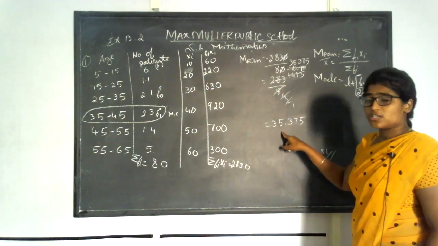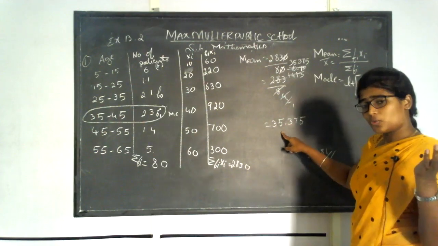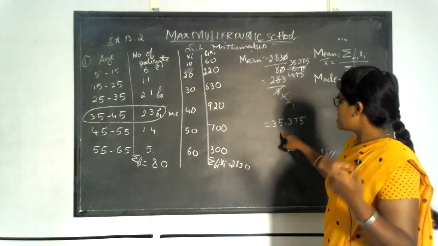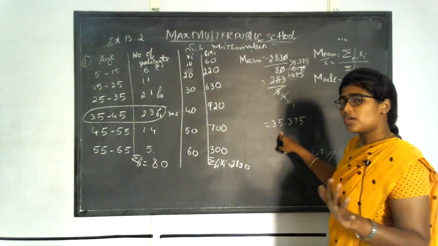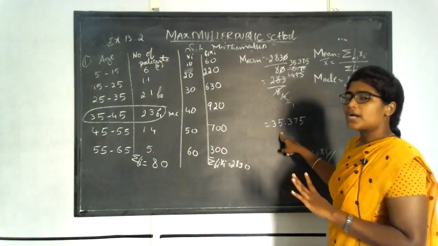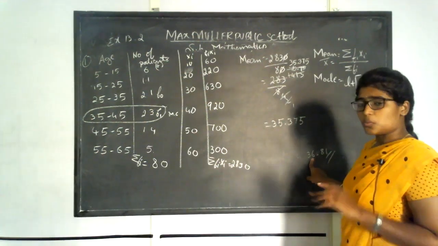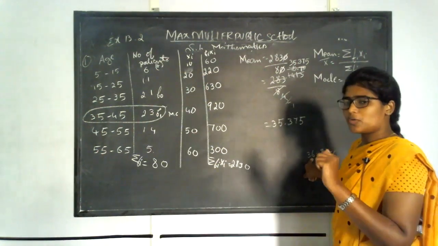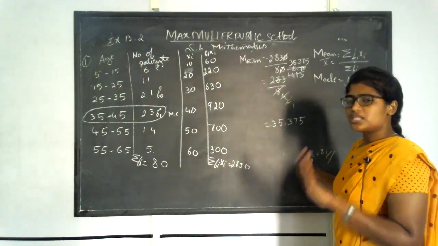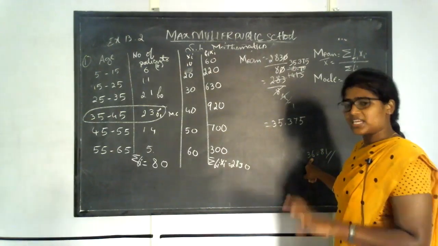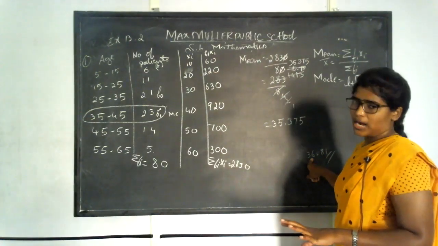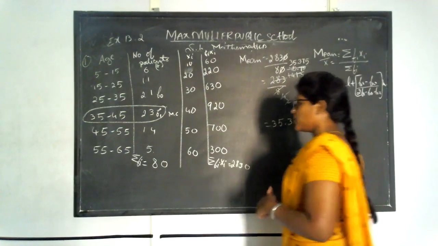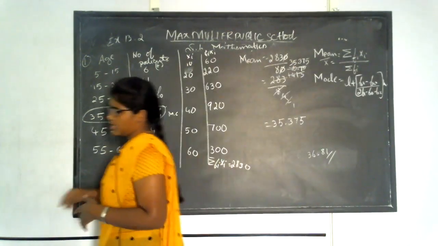How much were the ages of the patients who were getting admitted? It is 35-age persons only. Most of them were getting admitted. And this 36, what does it say? The highest frequency age. It is 36 is the age at which most persons got admitted. Clear? So this will be saying the most and that will be saying the average.